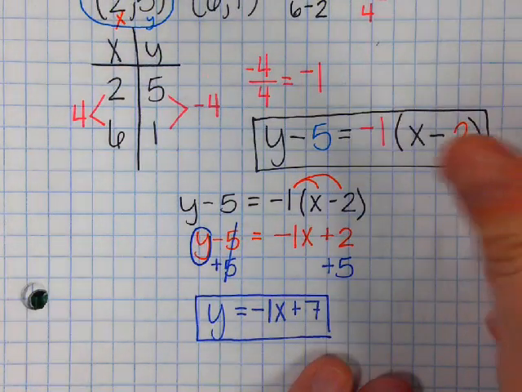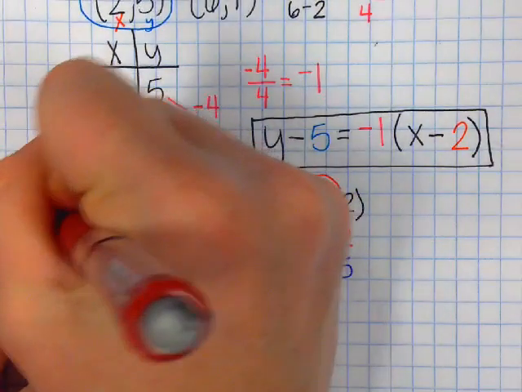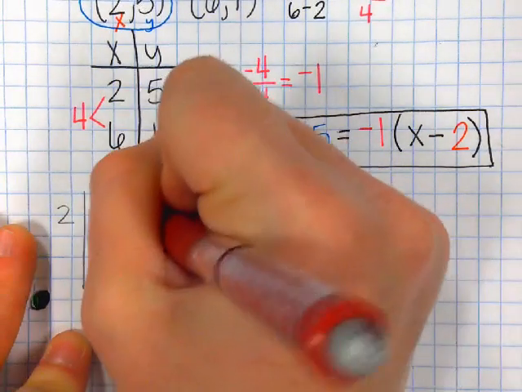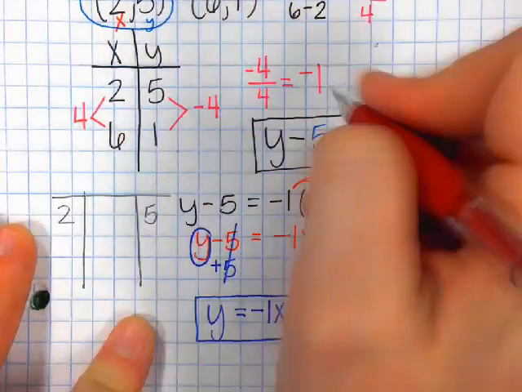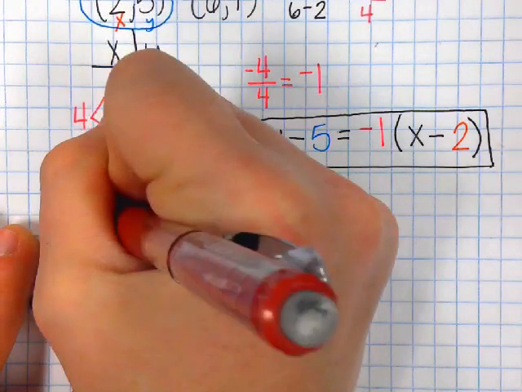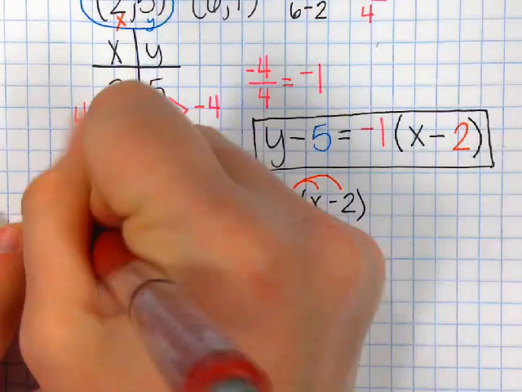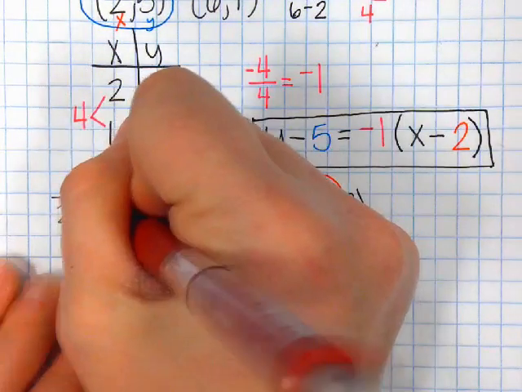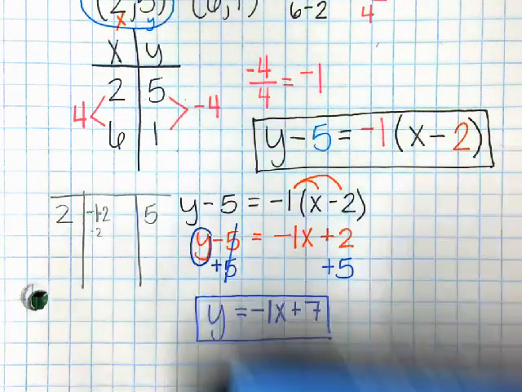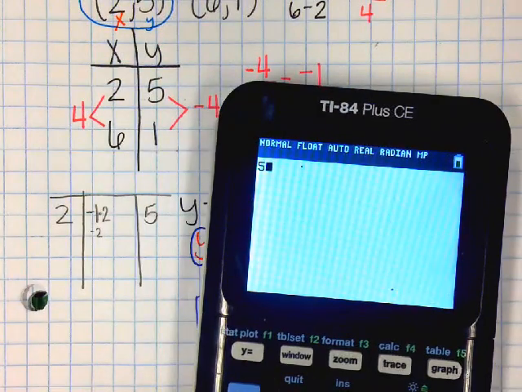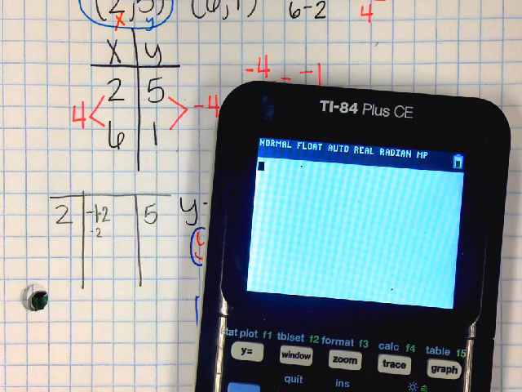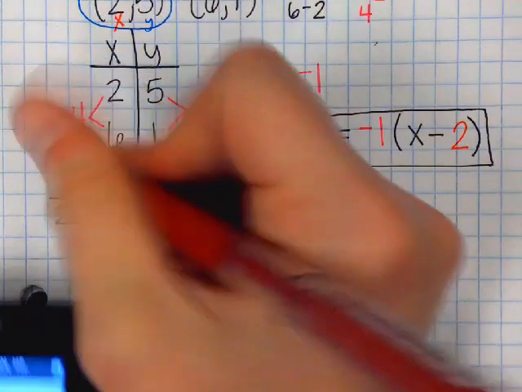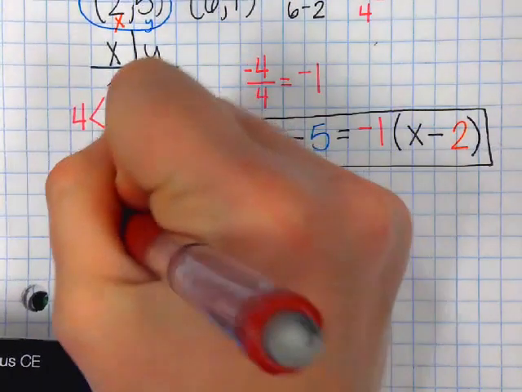I'm going to go ahead and just use the process column just so that you can see it over here. So 2 to 5. We said the slope was negative 1, so it'd be negative 1 times 2, which is negative 2. And then plus what, or if you do 5 minus negative 2, sorry because I forgot the negative, would be 7.